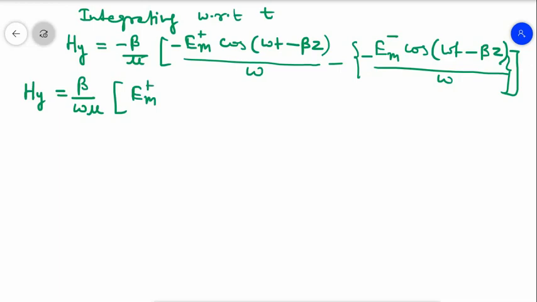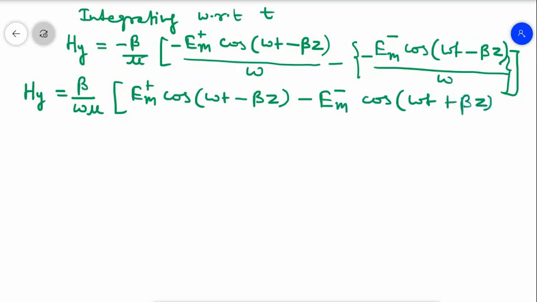Okay, so Em plus cos of omega t minus beta z minus this Em minus cos of omega t plus beta z.